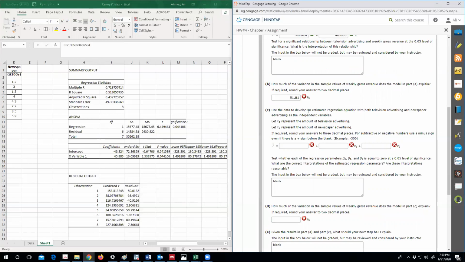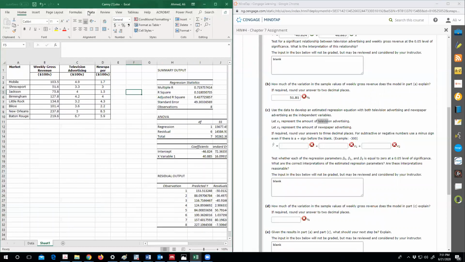All right, so now they're saying use the data to develop an estimated regression equation with both television and newspaper advertising. X1 is for television advertising amount and X2 is for newspaper. What we just made has one variable X1, but now we have to use the second one too.